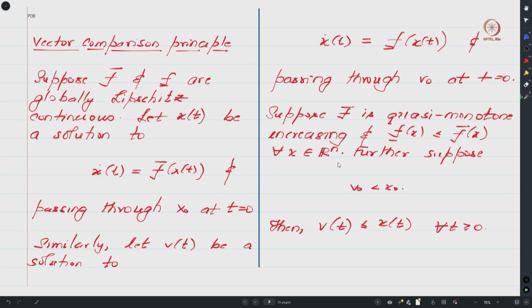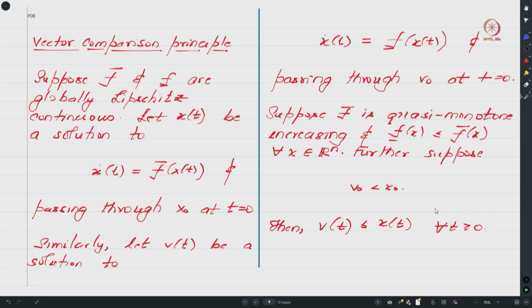So suppose a bunch of conditions like this hold, and finally suppose the initial condition of the solution trajectory of this ODE is strictly less than, in all coordinates, the initial condition of the solution of this ODE, then one can show that the inequality holds between v of t and x of t for all t bigger than or equal to 0.